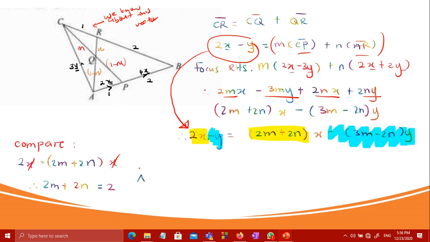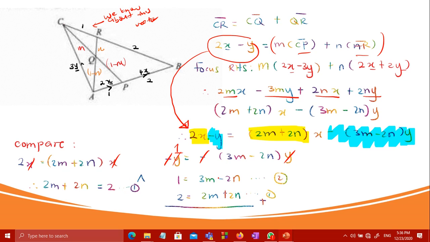So this is actually n, symbol for n in math. Negative y equivalent to negative 3m minus 2n times y. Negative cancels, y cancels. So everything cancels, left us with 1. Like that. And this is equation 2. Previously, this is equation 1. So we have formed what? Linear equation. Okay? So we just have to solve that linear equation.